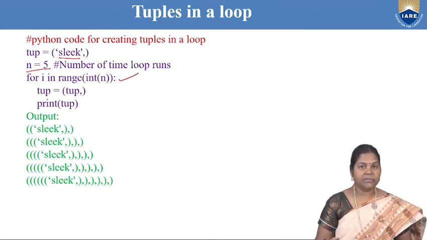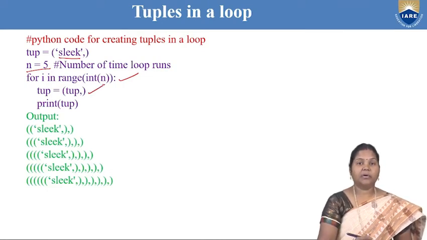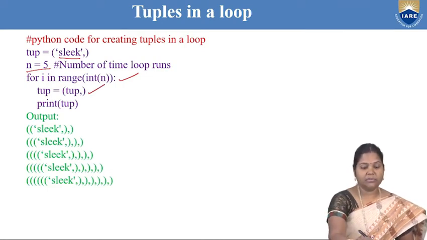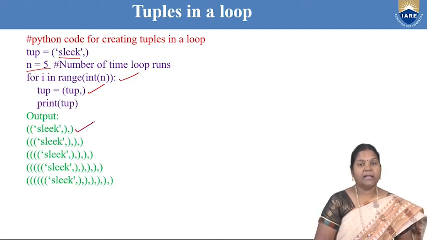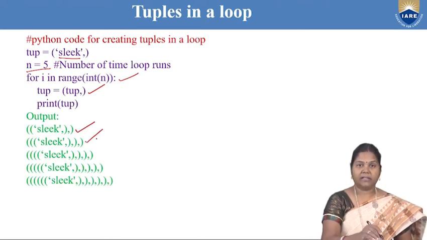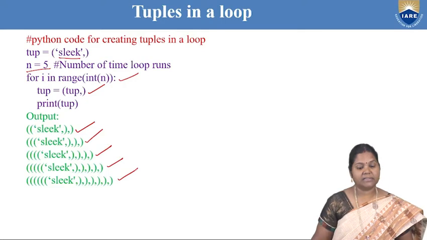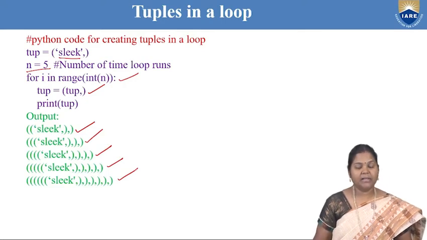Five times the loop repeats and you print in the form of a tuple. Can you see that one bracket appears, then the second time one more bracket is added, because the tuple is written inside a tuple. This is called the nested tuple concept. Five times the brackets simply increase. This is called creating a tuple in a loop.